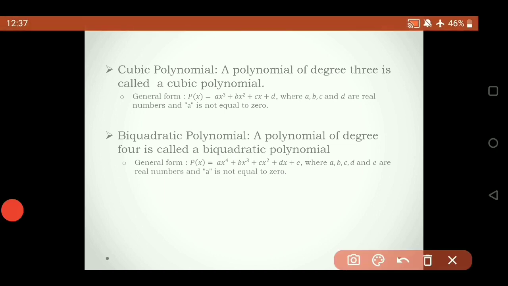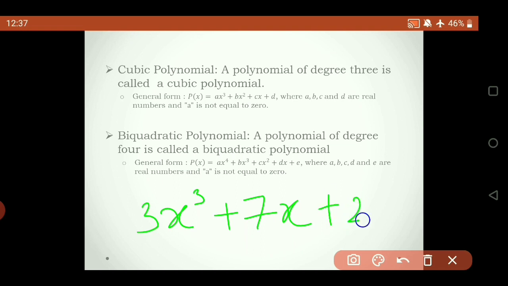For example, 3x cube plus 7x plus 2. Here you can see that the highest degree of the variable involved is 3. Therefore, it is a cubic polynomial.